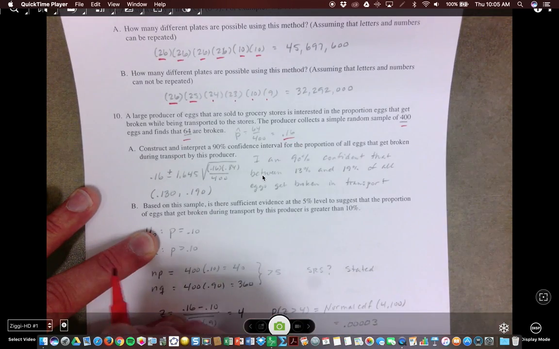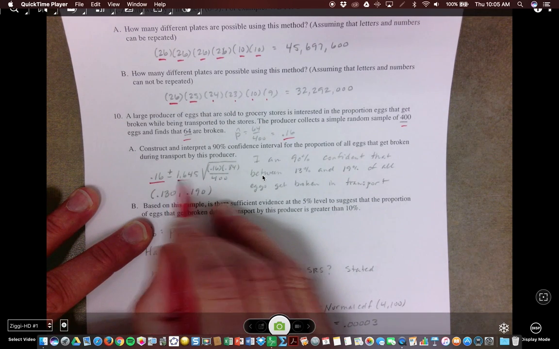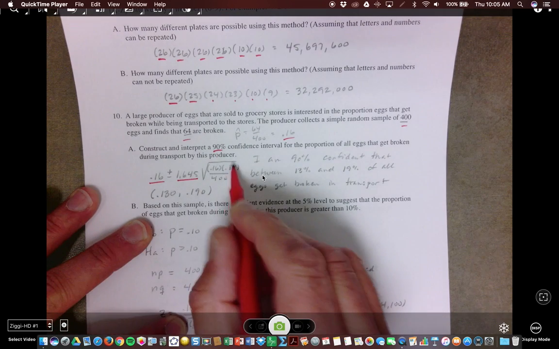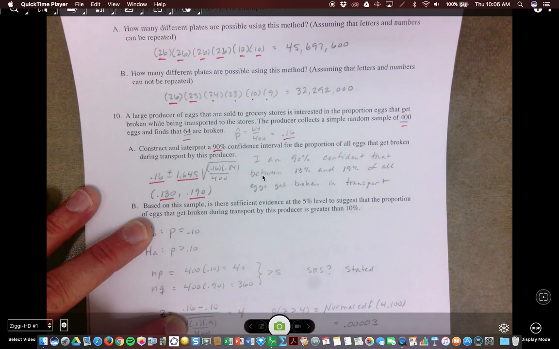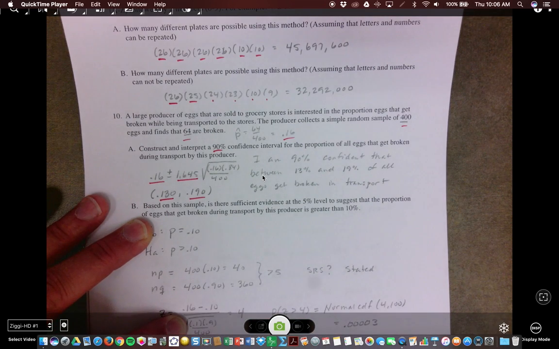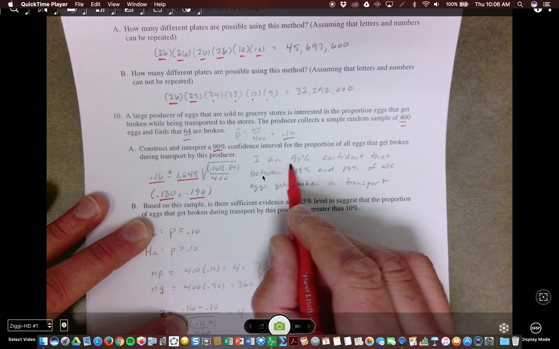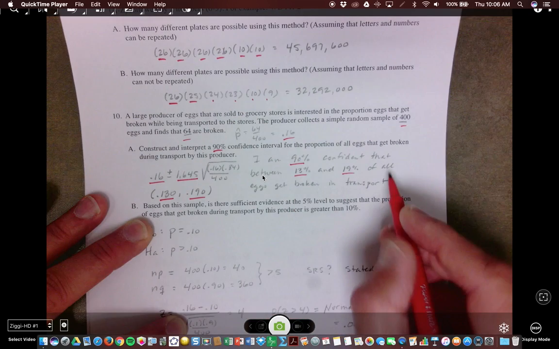That's 16%. So we're going to take that p hat plus or minus z star for 90%, which is 1.645, times the standard deviation for that, and you're going to end up with your confidence interval being from about 13 to 19%.